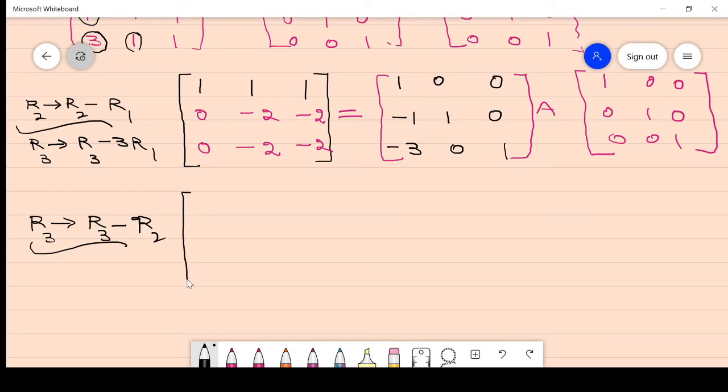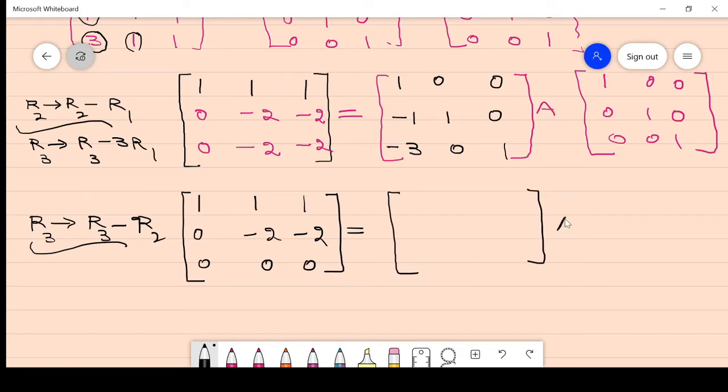Again it will affect the first part, and this will be equal to 1, 1, 1, no change. So this is 0, -2, -2, and this is 0, 0 and 0. This operation will not affect this matrix, so this matrix will be the same.